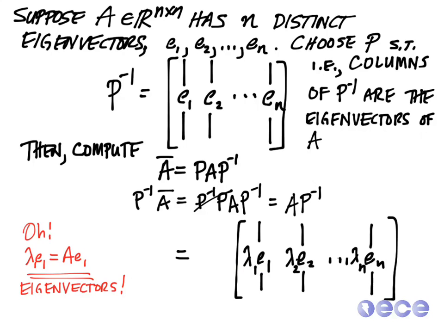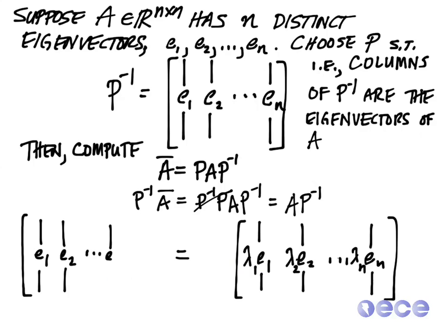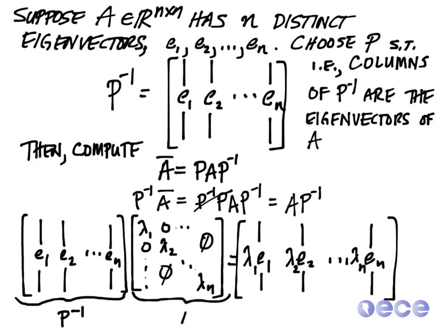So lambda 1, lambda 2, all the way up to lambda n. So even though it isn't clear perhaps at first, this means that I can write my matrix e1, e2, all the way to en, and then multiply that matrix times a matrix A bar, which is a diagonal matrix of my eigenvalues.